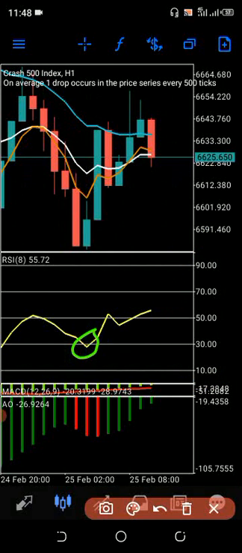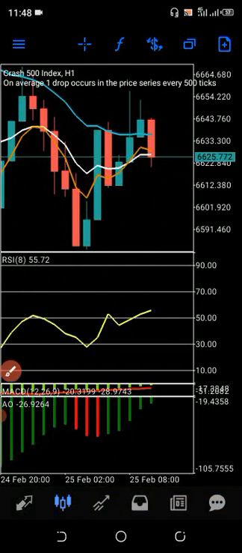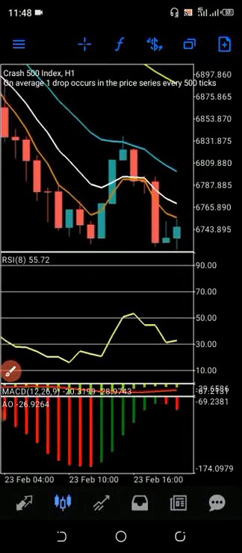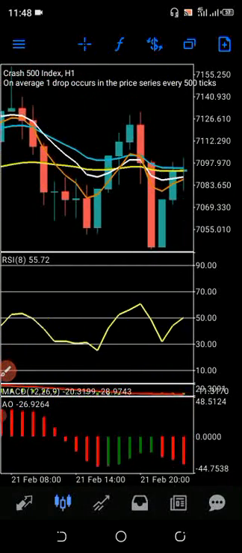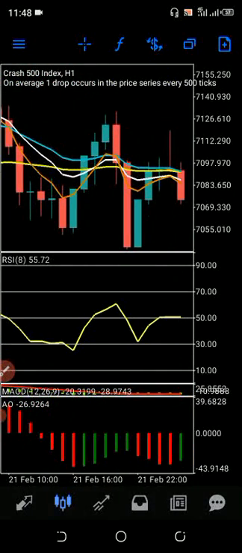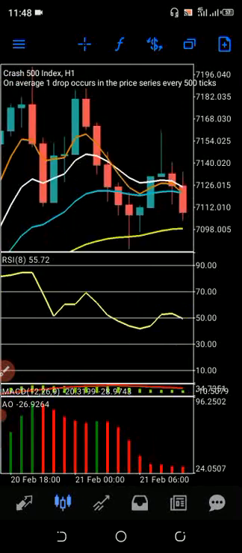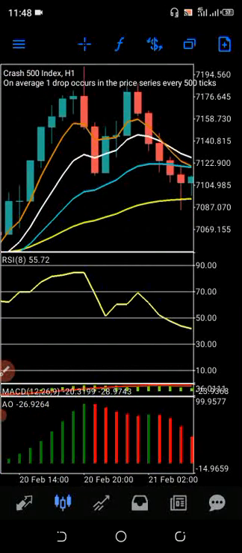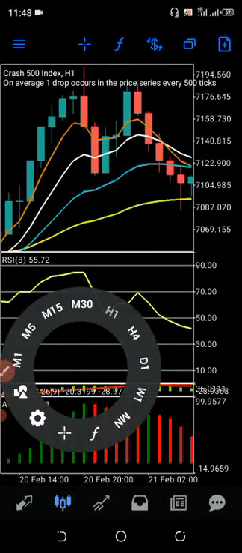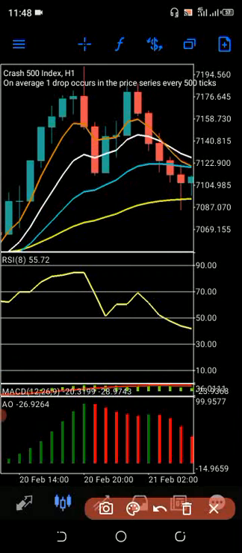Watch here, oversold level, here overbought level. Sorry, if the price touches here, let me retrace back and show you. If it touches here, it has entered the oversold level.